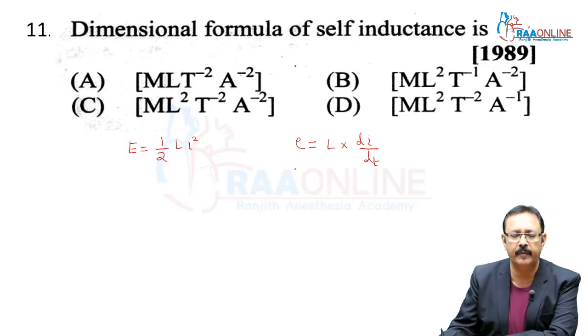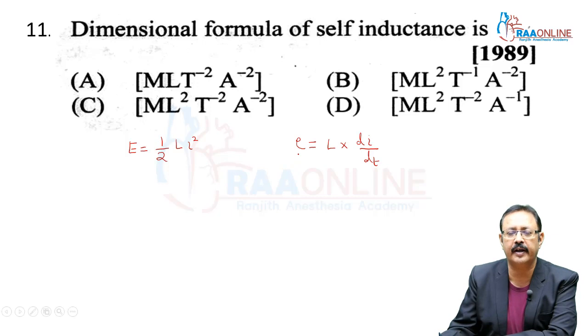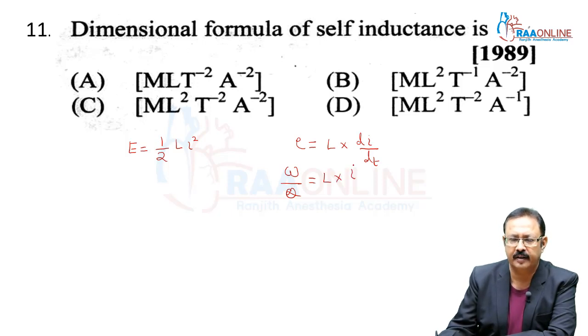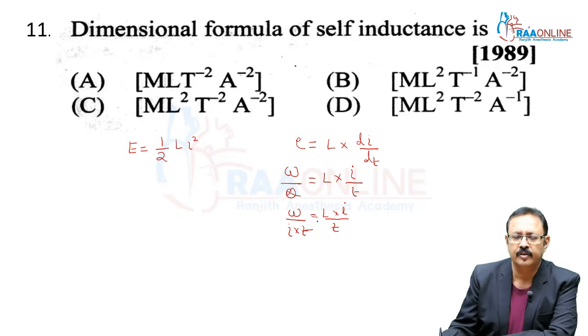What is E? EMF. EMF means one kind of voltage. Unit of E is volt. You know that W is equal to V into Q. So E is equal to W upon Q. dI means current, dt means time. Q is equal to I into T. Cancel T with T. So what are we getting?